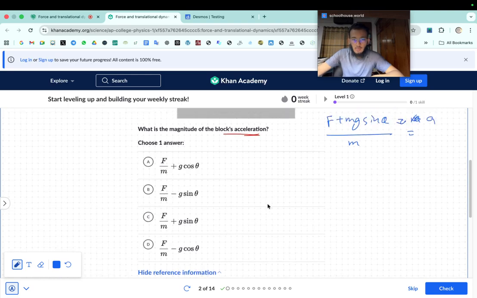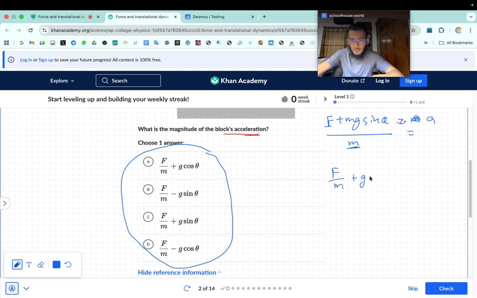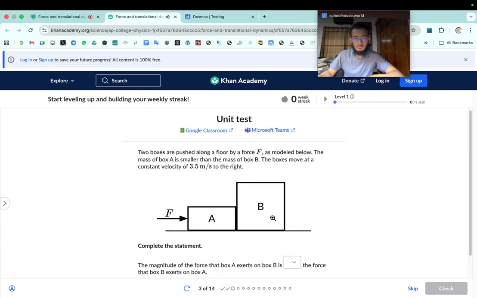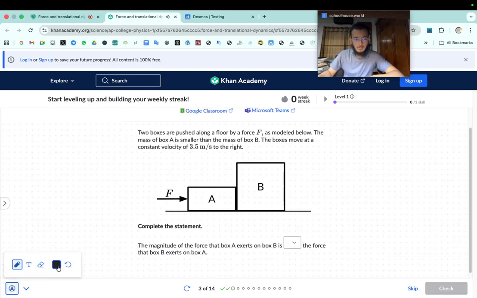Now, because the answer format is given a different way, we can divide both F by m and this term by m, so we get F by m plus g sine theta. So that matches our answer C, F by m plus g sine theta. So this will be our answer. There we go. All right.